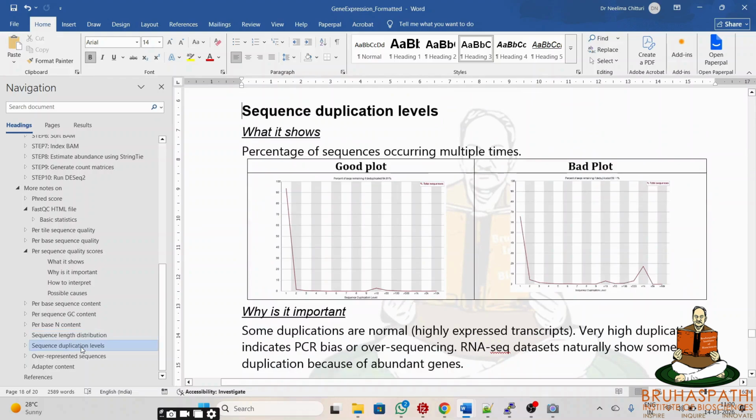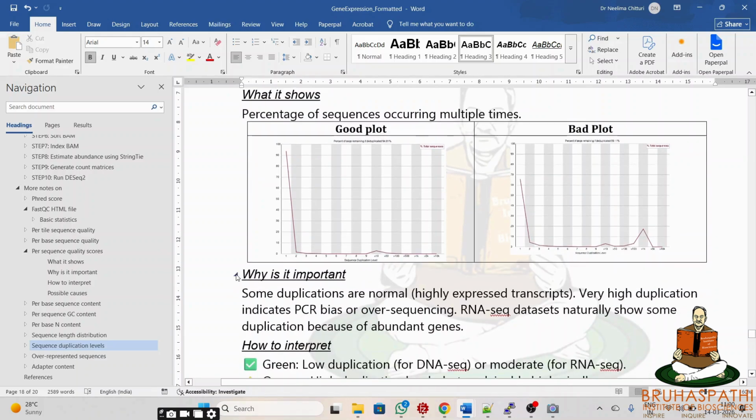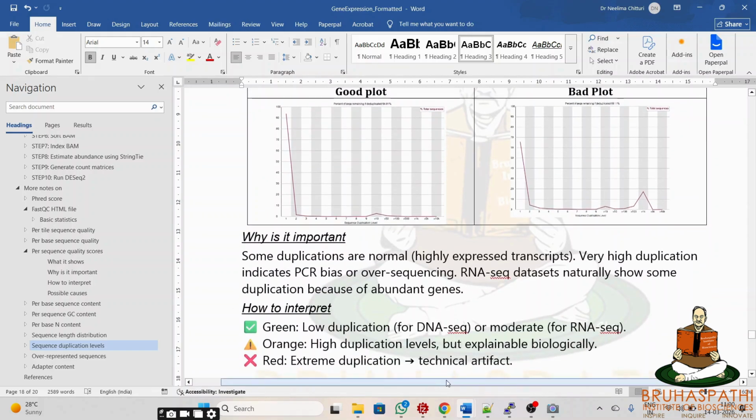The next part is sequence duplication levels. So what are sequence duplication levels? Some bits of sequences are duplicated in your sequencing because they might be highly expressed genes, and sometimes the duplication indicates PCR bias. In RNA sequencing, it's usual to find duplication of housekeeping genes or super highly expressed genes, but it's not usual in other techniques.